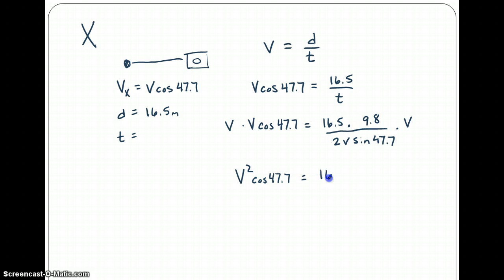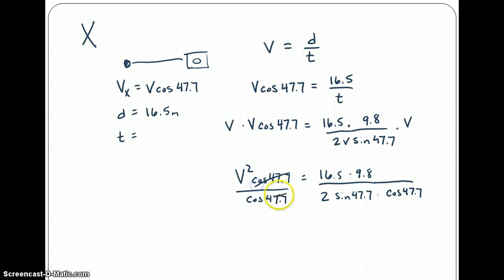I'm now down to 16.5 times 9.8 over 2 sine 47.7. Now I've got to get rid of this cosine 47.7, so I'm going to divide by cosine 47.7 on both sides, and then I'm left with V squared by itself.